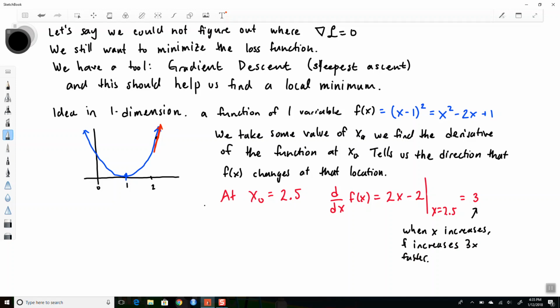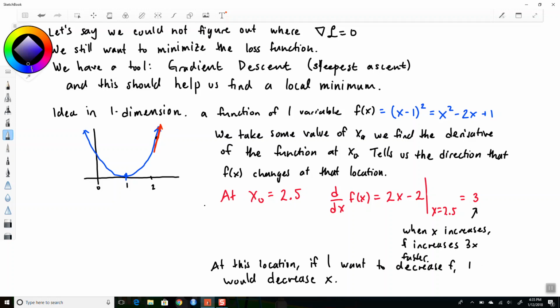So if I want to decrease f, I would decrease x at this location. Is that okay? Because my derivative here is positive.